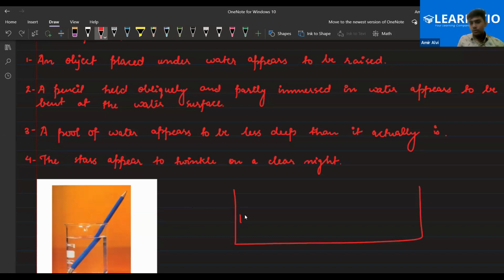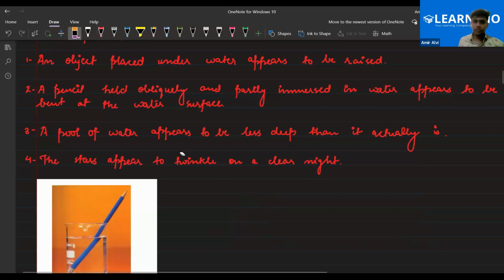Suppose the actual depth is 15 meters, but due to refraction, it will appear as 3 meters. You will see that 3 meters is not that deep, so you go inside the lake or swimming pool, but suddenly you find that it is 15 meters deep, and you don't know how to swim or how to rescue yourself. That's why this happens. Is this clear to all of you? That's why it's very important to avoid these kinds of scenarios without proper instructions. Clear, everyone?